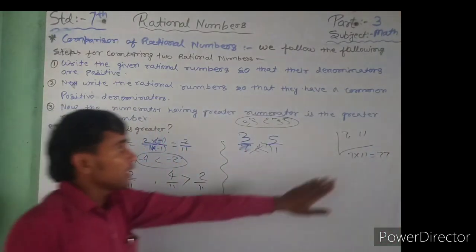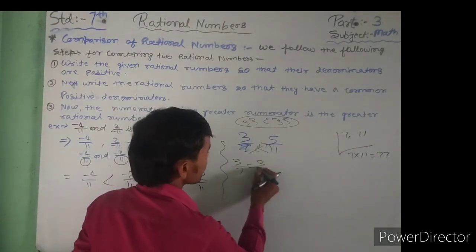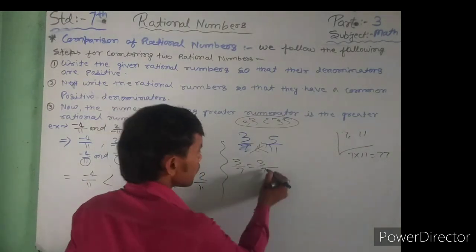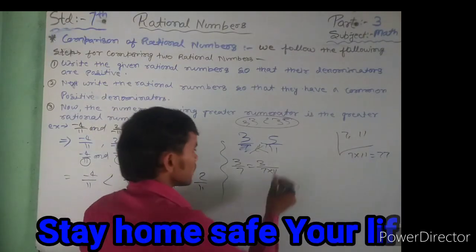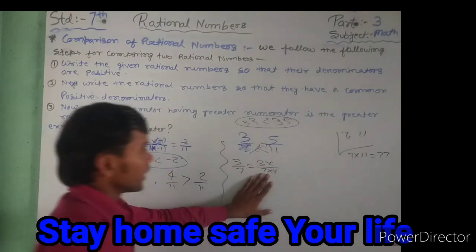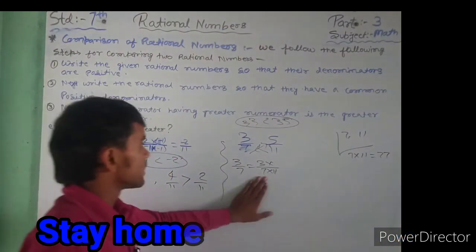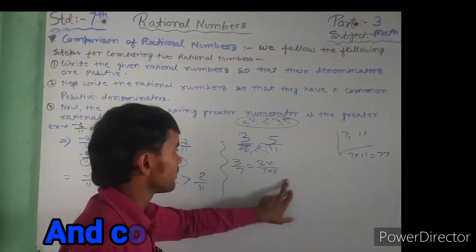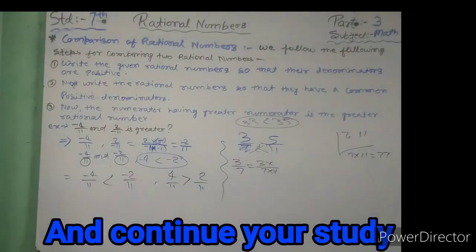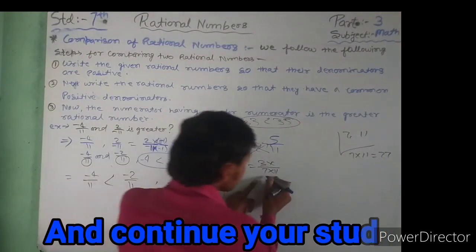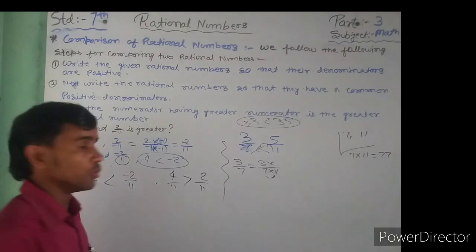And next, here 3 by 7, firstly you convert the denominator to 77. You know which number we multiply with the denominator, that same number we multiply with the numerator also.